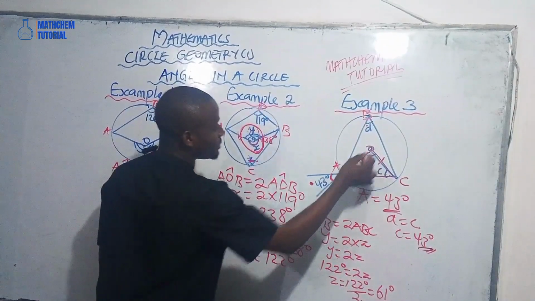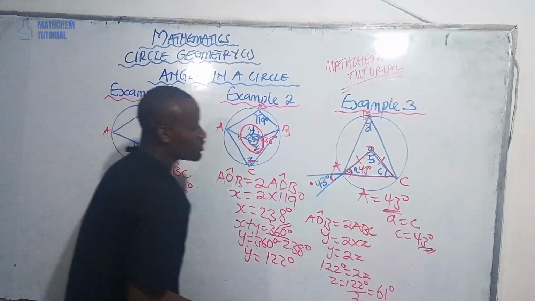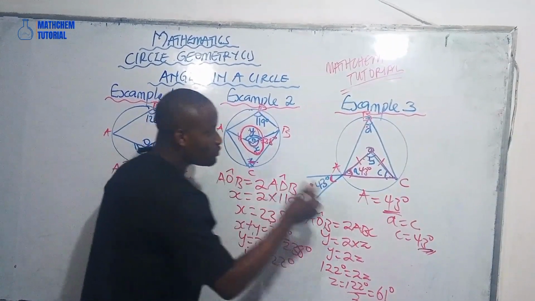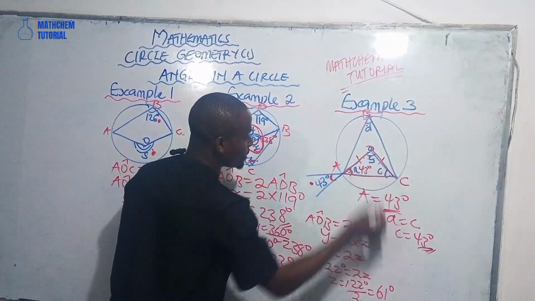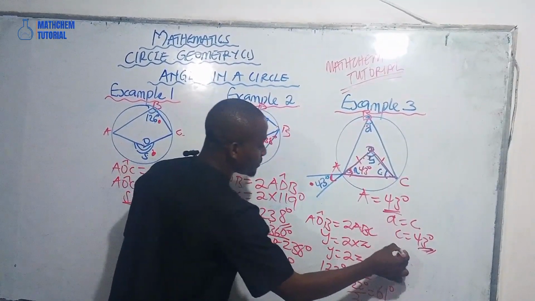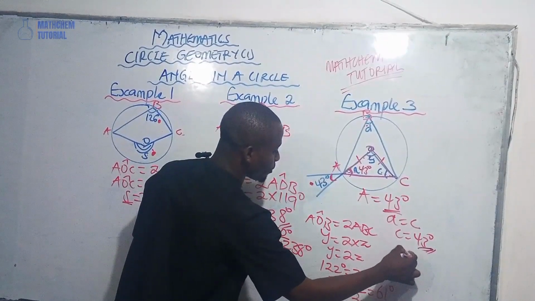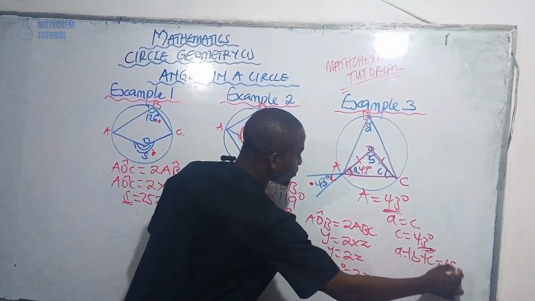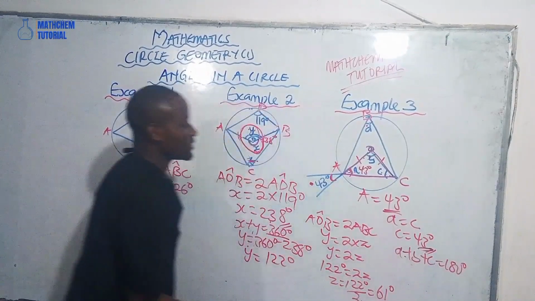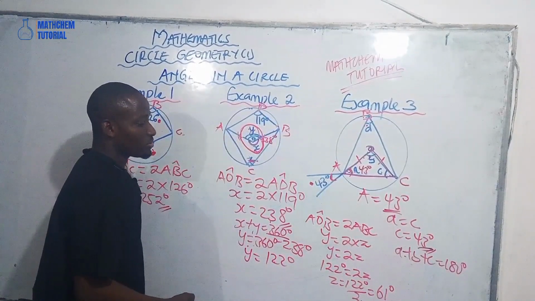How do we get the B? The sum of A plus C plus B gives us 180 degrees. So angle A plus B plus C equals 180 degrees.